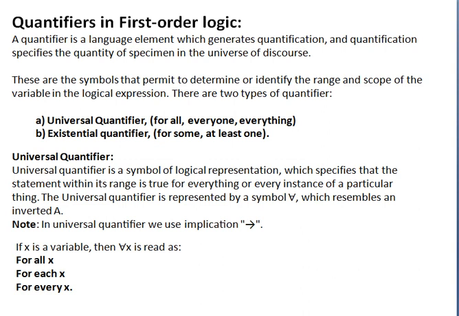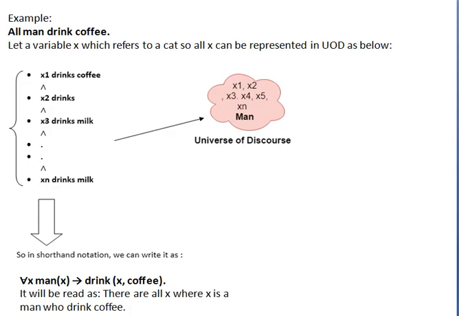It is represented by an inverted A, and the main thing is that the universal quantifier uses implication. If x is a variable, then we can write for all x, for each x, for every x. For example, all men drink coffee. That means x1 drinks coffee, x2 drinks coffee, x3 drinks coffee, and xn drinks coffee.